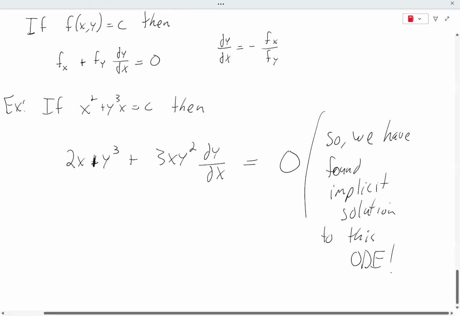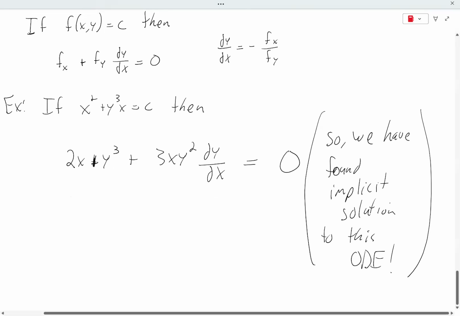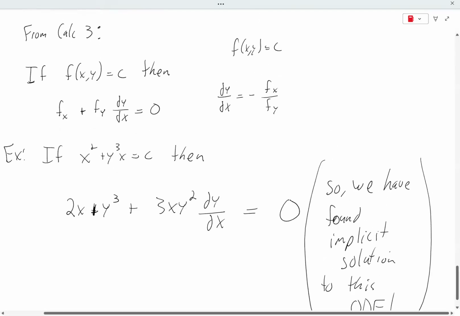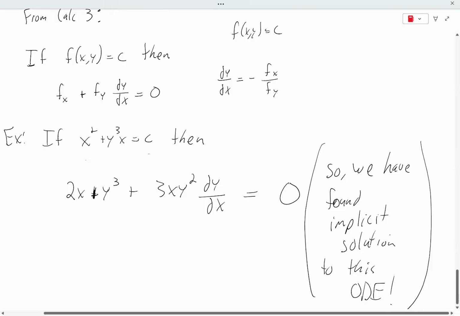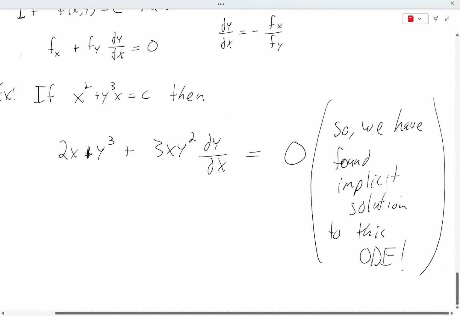What we're going to try to do now is, if we're given a differential equation, run this backwards and get the solution like this. So we'll work on that. That's the goal here.